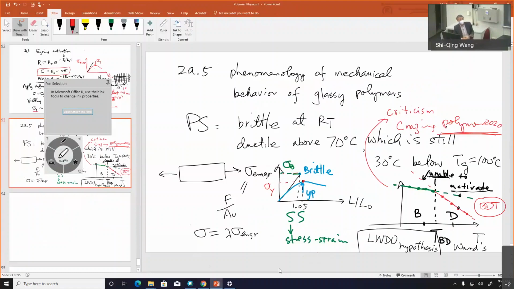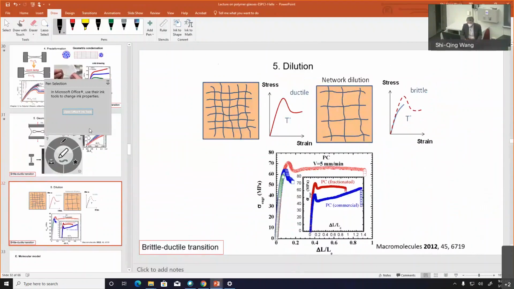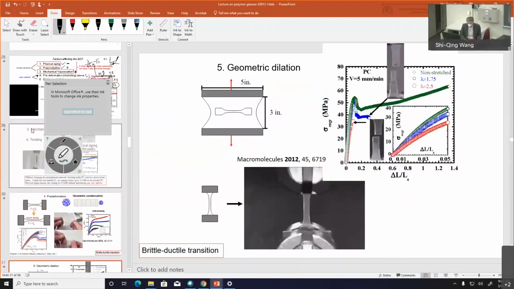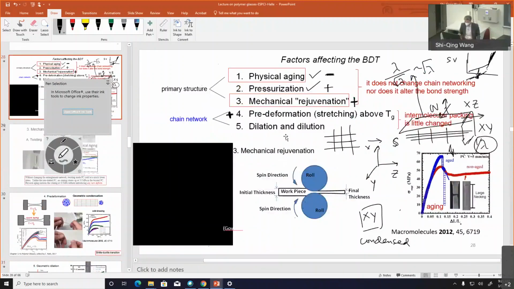I listed 4 factors, essentially just 4 factors, in the sense that you can manipulate your network such that if it's dilated, it's worse. If it's condensed, it's better. But essentially, you are manipulating the network, whereas the first three effects are manipulating how they are packing. So there are these 2 sides. If you just dig a little deeper, that's what they are.